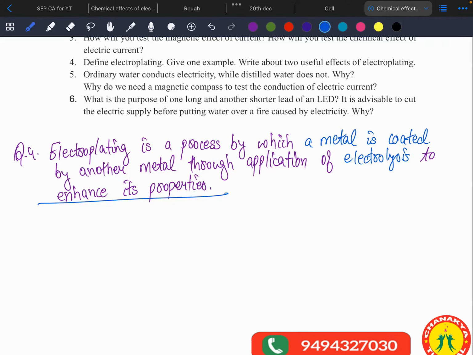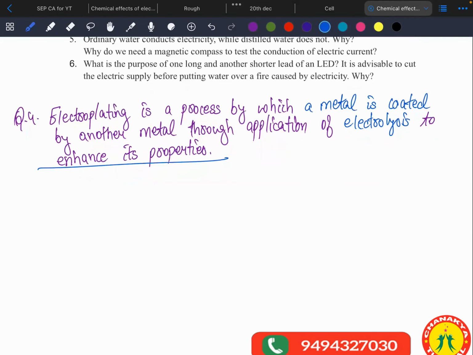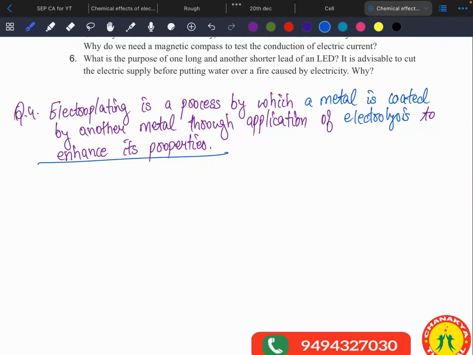Sir, just like wax can be applied on metals where we don't want to electroplate, we can apply wax. Correct. Likewise, in walls also, so that the walls do not get damaged from moisture and rainwater, we apply plastering and then we paint the wall.